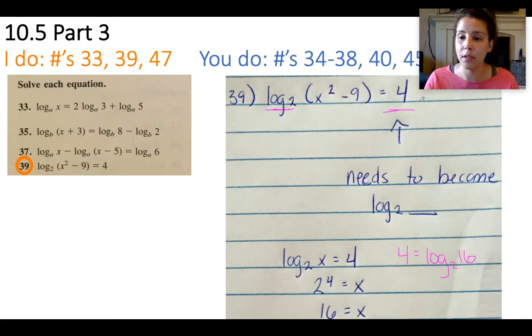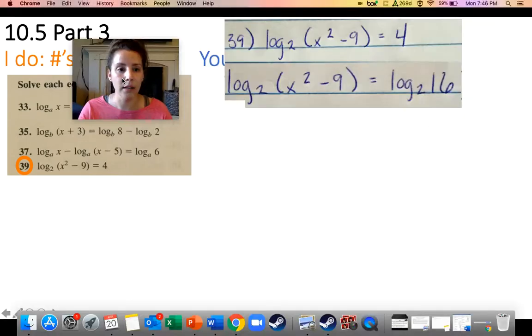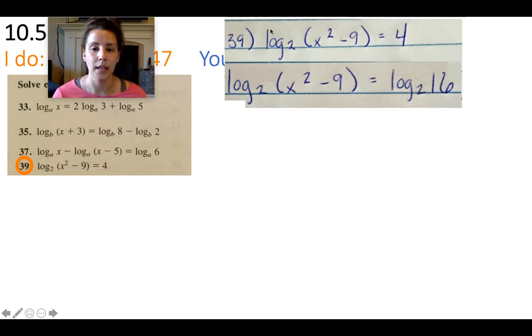So what I'm about to do is replace 4 with this, because then I have log base 2, log base 2. Let me show you what I mean. So instead of log base 2 equals 4, I now have log base 2, same thing, is equal to, not 4 anymore, log base 2 of 16.